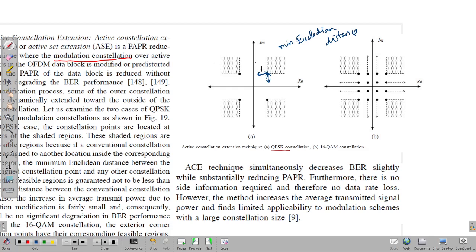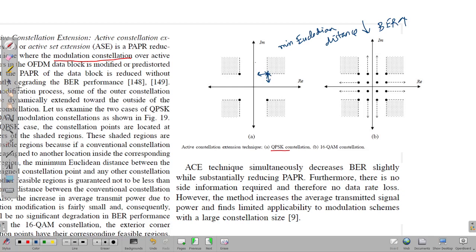So there is a minimum Euclidean distance that must be maintained in order to have a sufficient bit error rate. And if I move closer to any of the other constellation points, then I am actually reducing the minimum Euclidean distance. If minimum Euclidean distance reduces, then bit error rate increases.